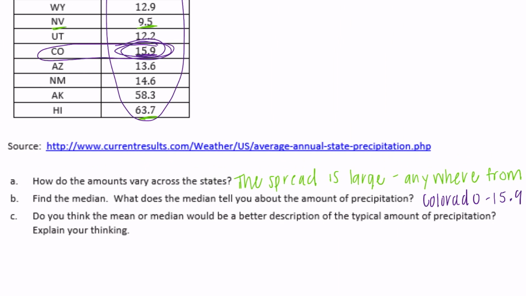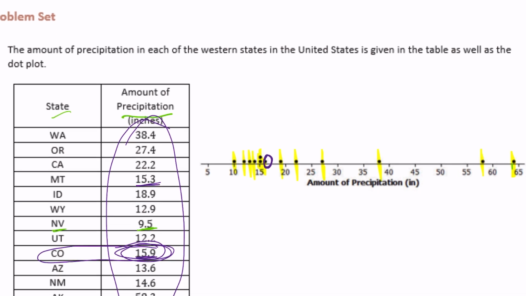C, do you think the mean or median would be a better description of the typical amount of precipitation? Explain your thinking. So we know that the median is right here, 15 9/10.